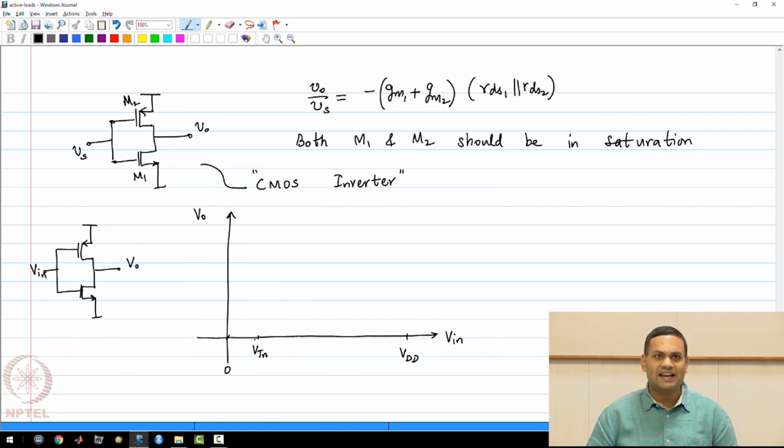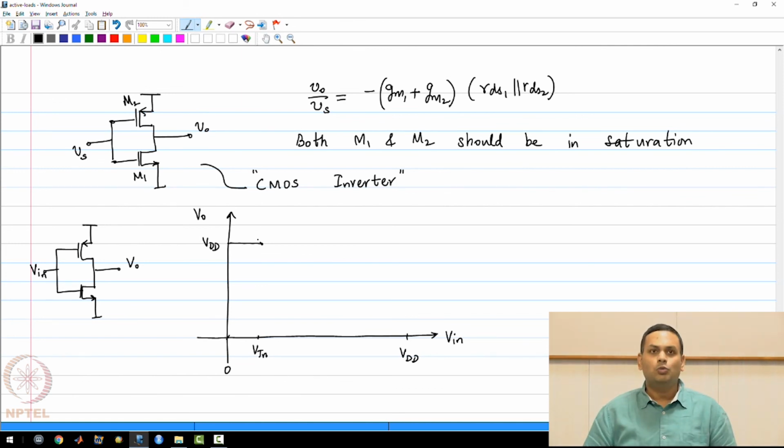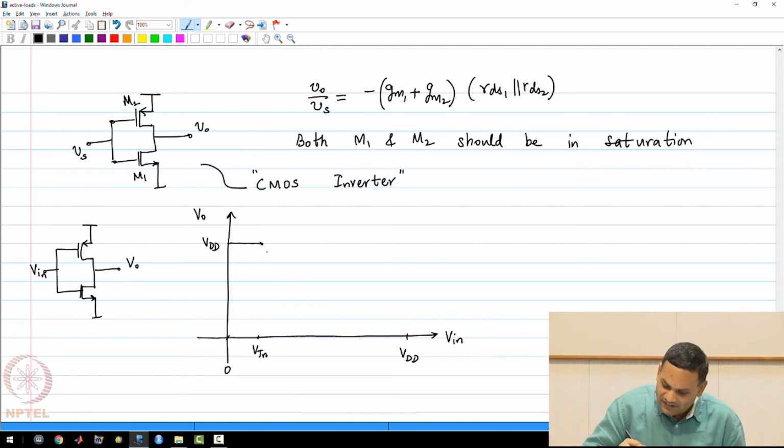So the only way this can happen is if the source-drain voltage of the PMOS transistor is almost 0. So you will find that until the NMOS transistor turns on, the output voltage will remain at VDD. There is no current through the circuit, so the output voltage cannot change, and the drain-source voltage for the PMOS transistor is clearly 0. It is VDD minus Vo. After the input voltage crosses VTN, you will find that the NMOS can conduct. Because Vout is very large, the NMOS will be in the saturation region, but the PMOS will be in the triode region.